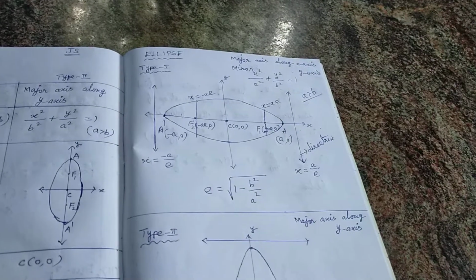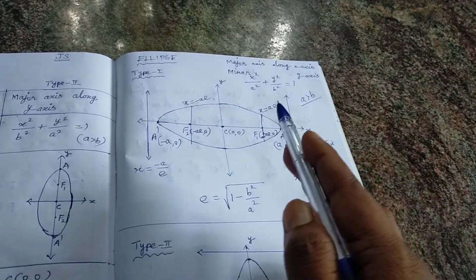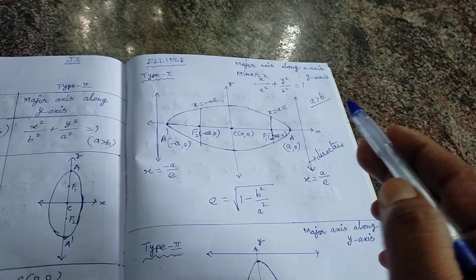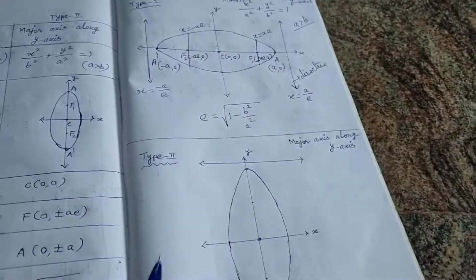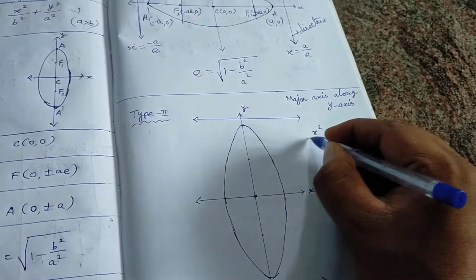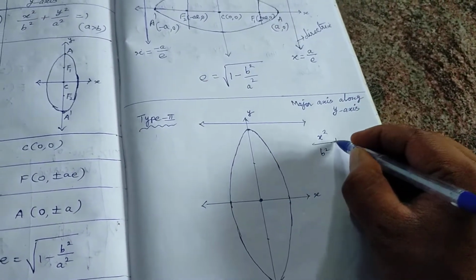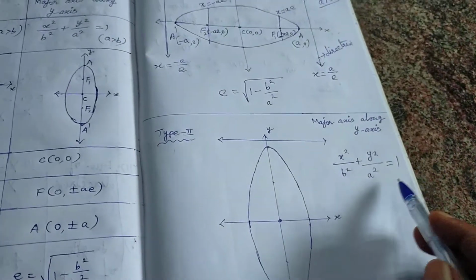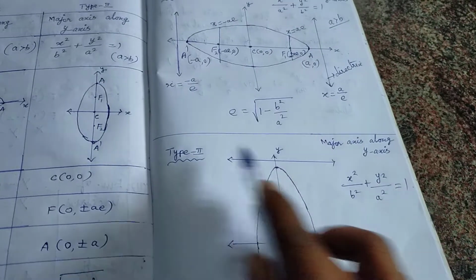Comparing these two denominator values, whichever is larger, that value we take as a. So in this equation, x square by b square plus y square by a square equal to 1, this is the equation of ellipse type 2.